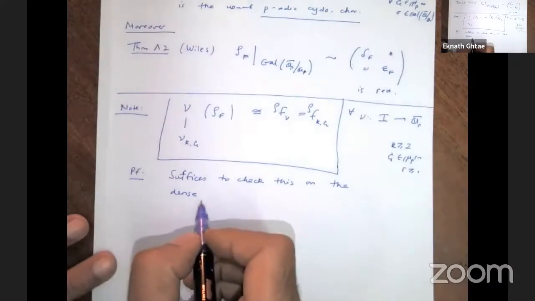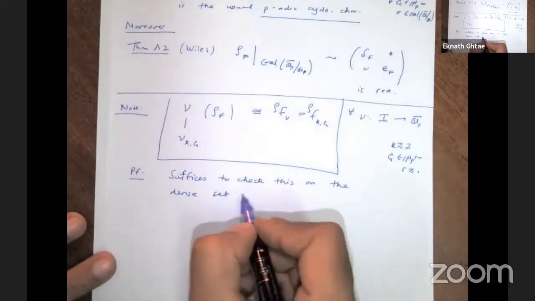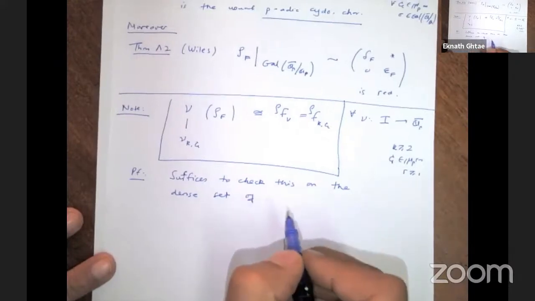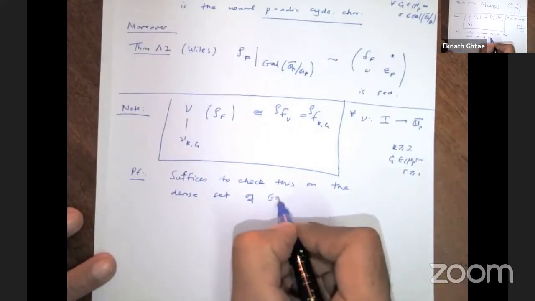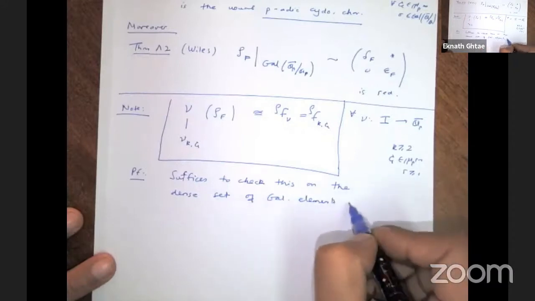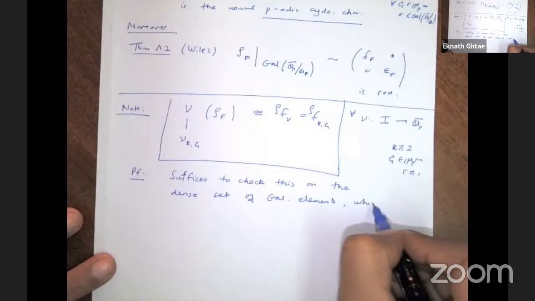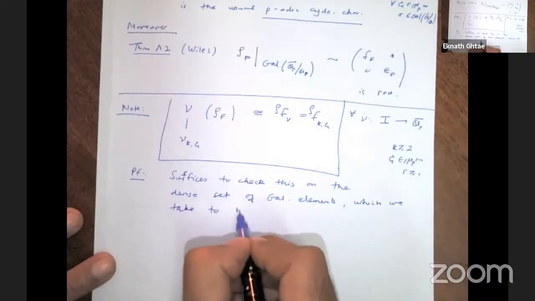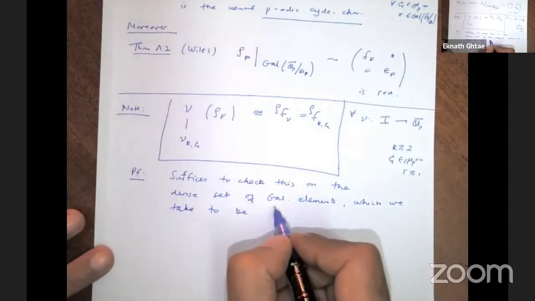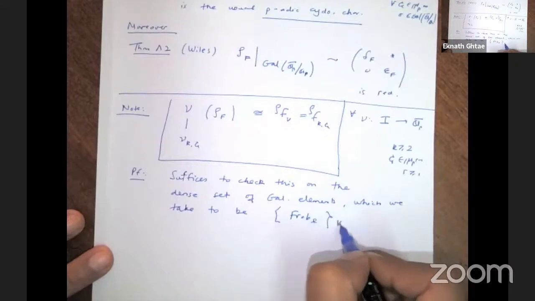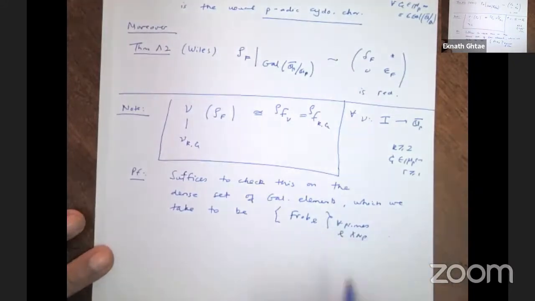So on a dense set, in fact, we'll do it on a set of Galois elements which we take to be the Frobenius elements. Right, this is where we have information. Frobenius L for all primes L not dividing N P.